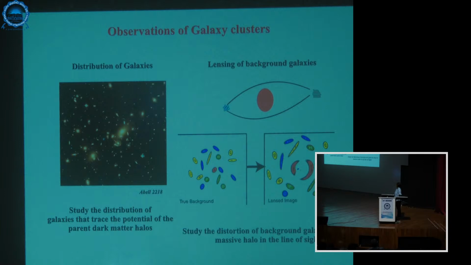We take the galaxies to trace the dark matter potential and measure their number density profile, and with that we fit to find the splashback radius. The other way we do it is using the lensing of background galaxies to measure the dark matter and its profile.